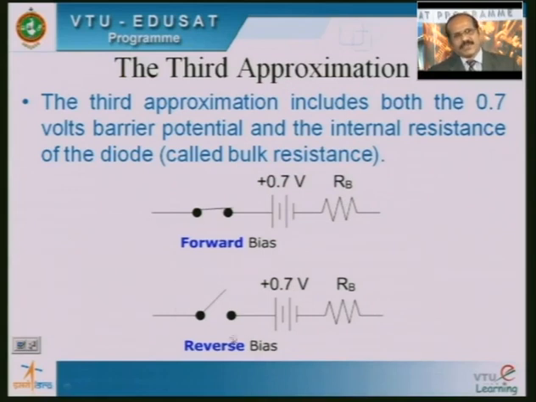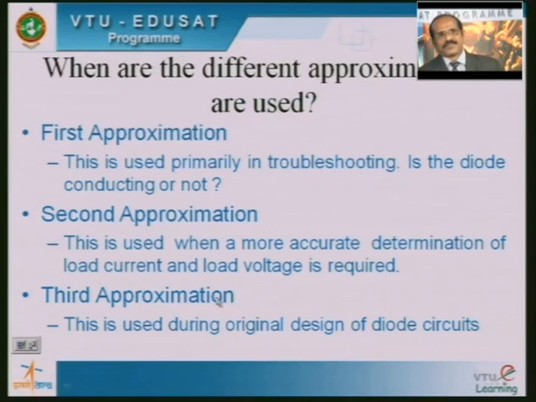Whenever the diode is reverse bias, it is represented by an open switch in series with the 0.7 volts battery, which is once again in series with the bulk resistance RB.